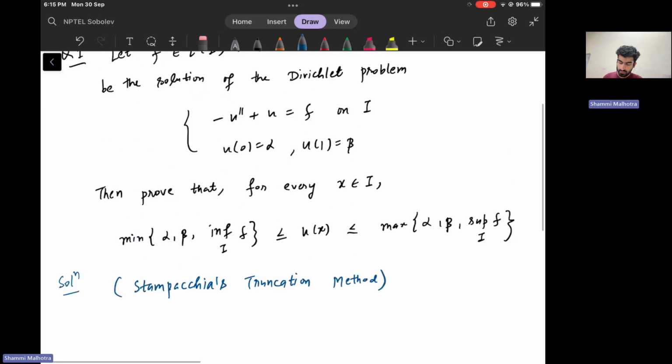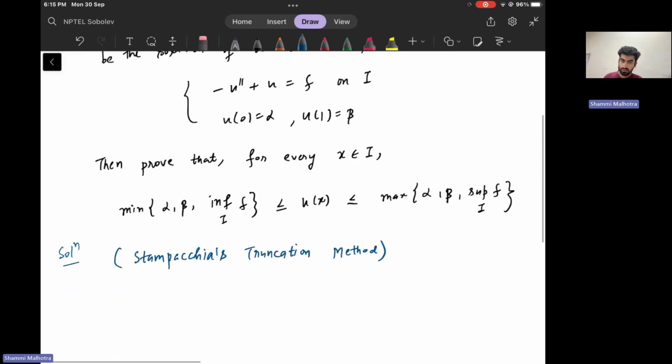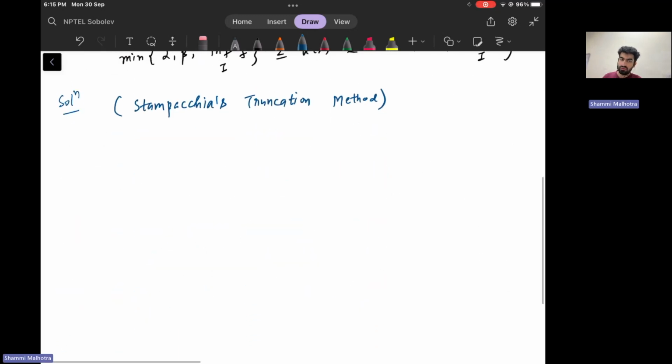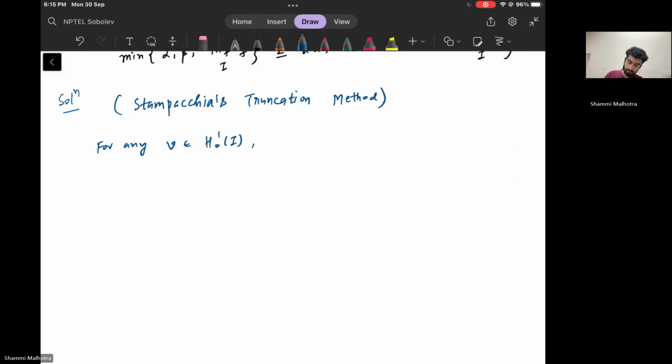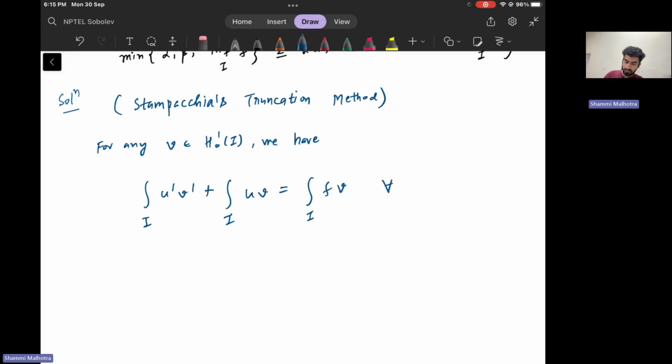Since I am taking u to be in H2 as the solution of this particular problem, what we have is, for any v in H not 1 of I, by using integration by parts, the integral over I of u dash v dash plus the integral over I of u v equals the integral over I of f v, and that holds for all such v since u is the solution.